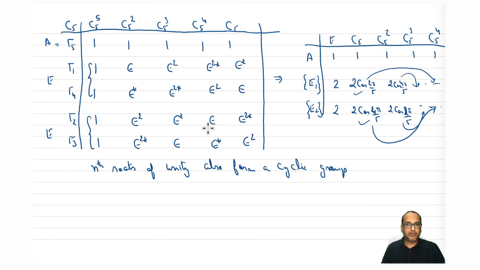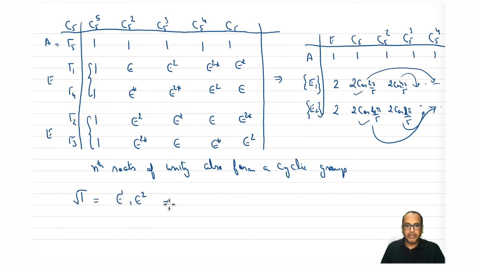Remember, we did that for cube root of unity in initial classes, right? So for example, if I'm talking about square root of 1, the roots of this will form a cyclic group. That means I can write epsilon 1 and epsilon 2 as the roots.